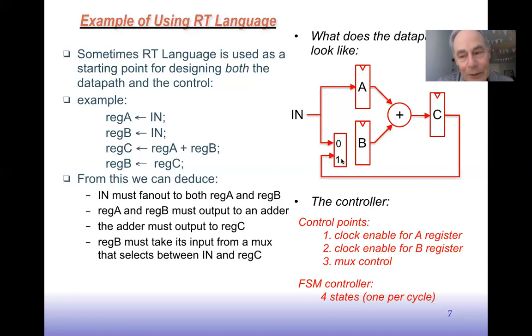We'd have a don't care for the control of the multiplexer because we won't enable clock B, register B. Right? And so the finite state machine could go through 4 states and it would do this computation. And if it were streaming, then we could just repeat that. We'd put that into a loop if we had a stream of input values. Okay, so that's kind of a nice way then.